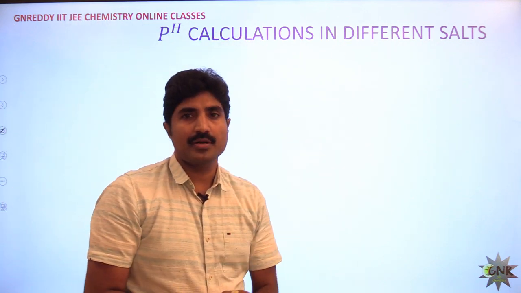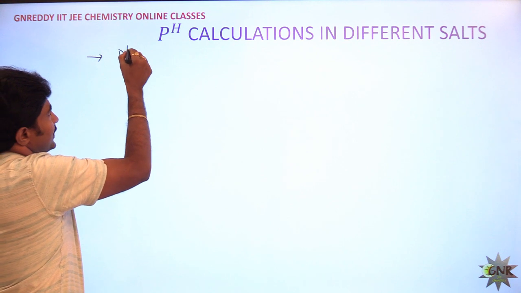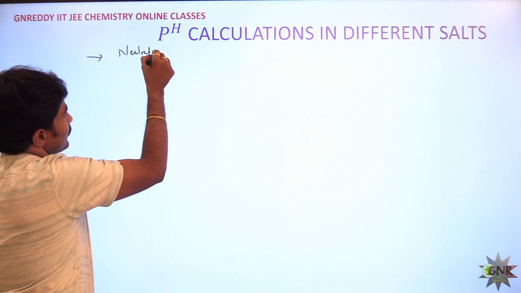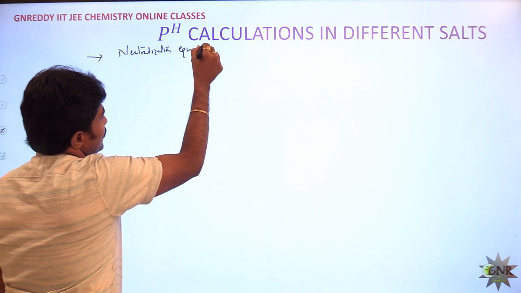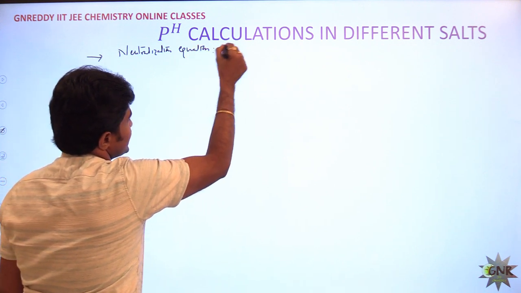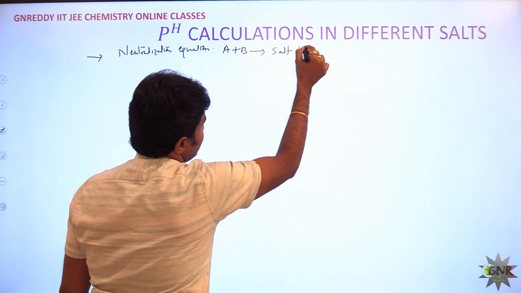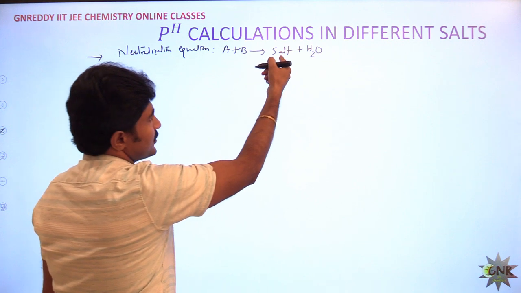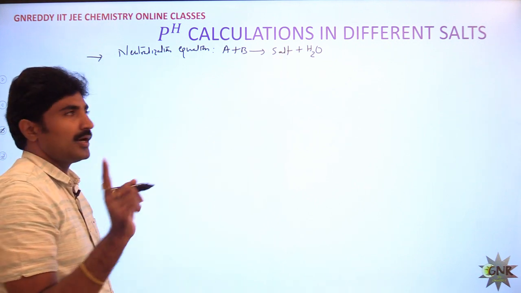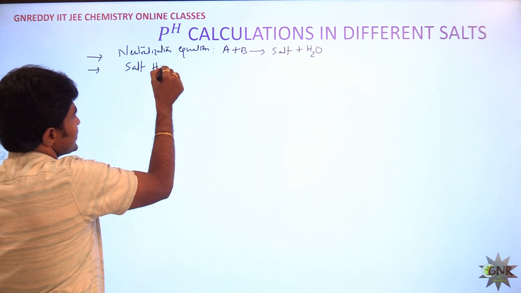Next, salts. Actually we know the neutralization equation. What is the neutralization equation? Acid plus base gives rise to salt plus water. This is the Arrhenius neutralization equation. So the formed salt undergoes salt hydrolysis. What is salt hydrolysis?